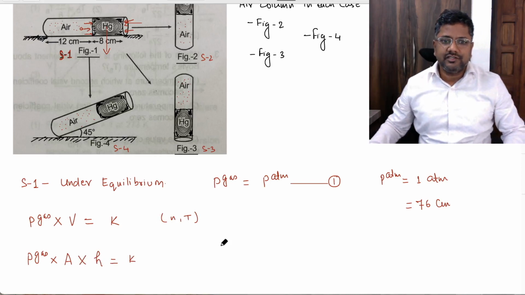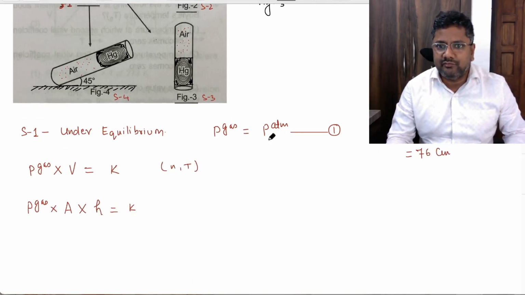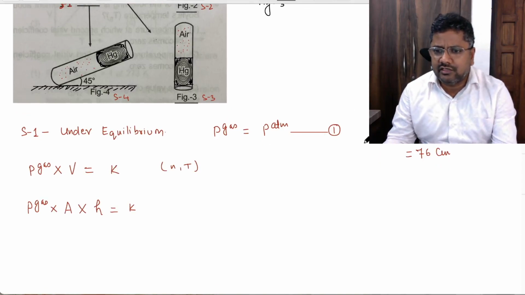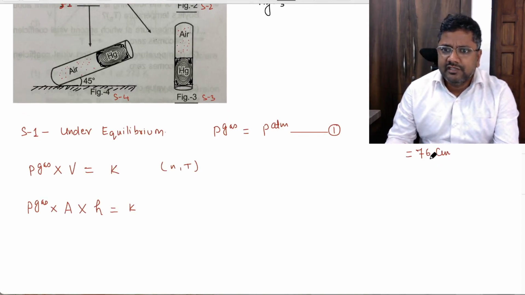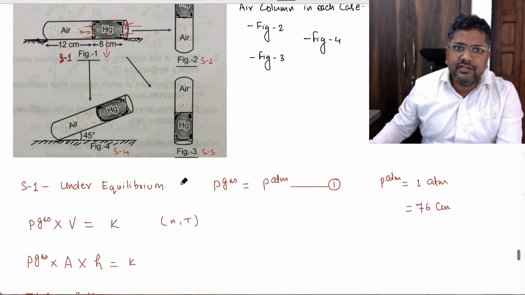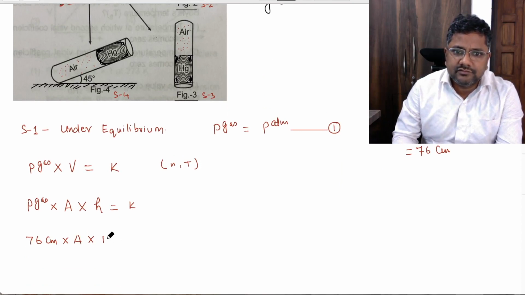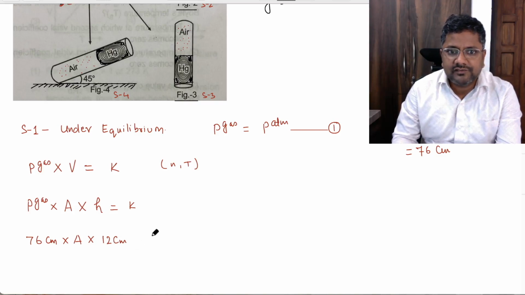N and T are constant. Now pressure of gas is equal to 1 atm, because nothing is given, so it is the common pressure 1 atm. So we can take here 76 centimeter of mercury into cross section area into what is the H here, 12 centimeter, right?